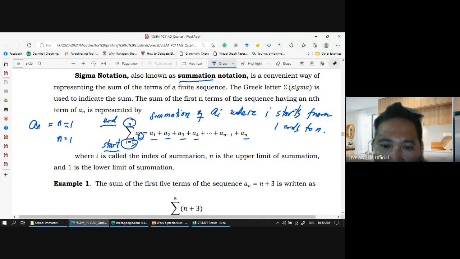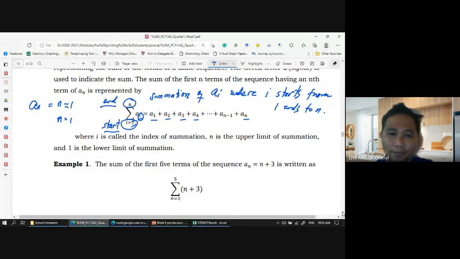How do we read this one? Who can read this one? De Los Reyes, can you read this one?